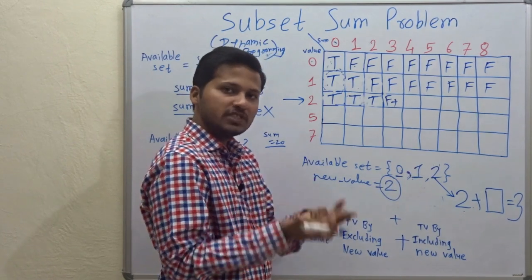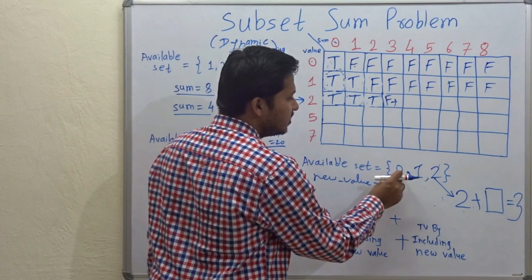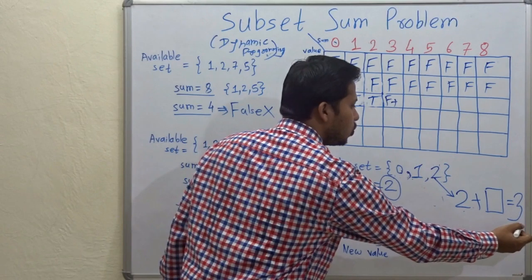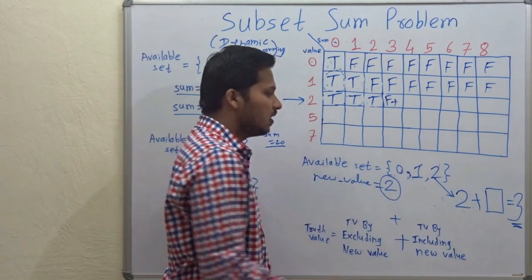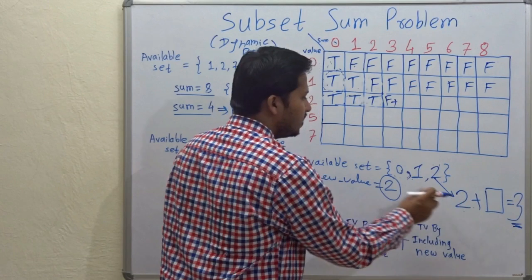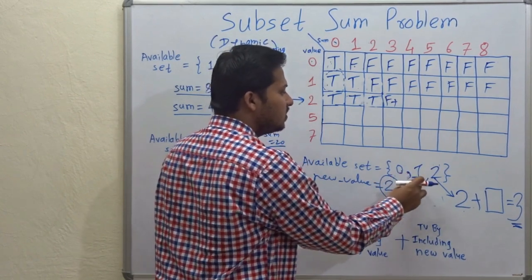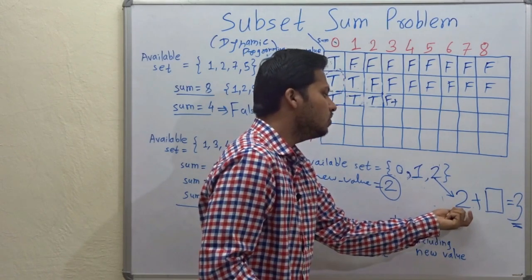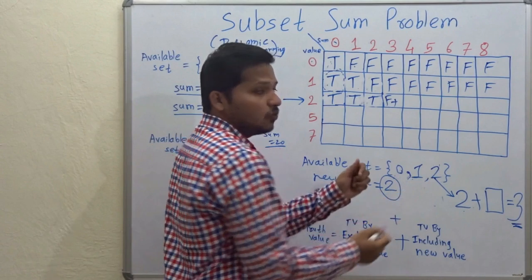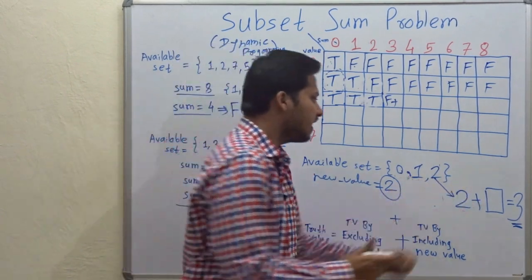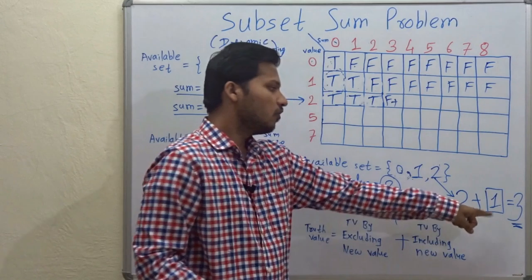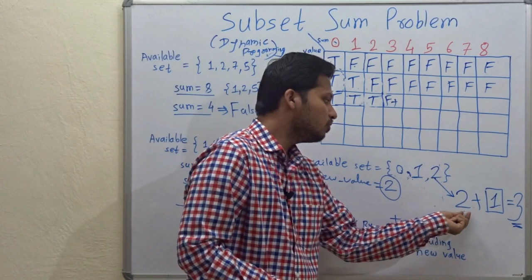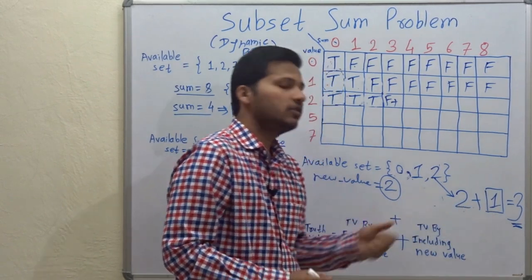So you have to see whether these values 0 and 1 can help in making the desired total, that is 3. Check whether from 0 and 1 anything can make a total of 3 by adding to 2. You can directly tell that 1 can be used here, adding 1 to 2.